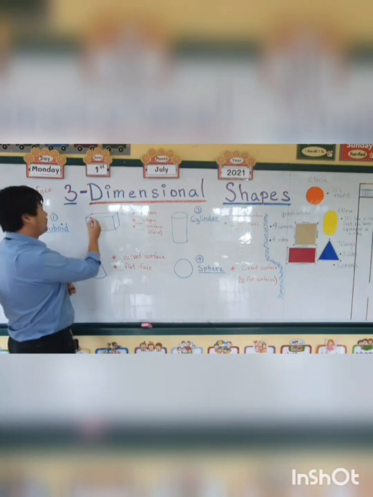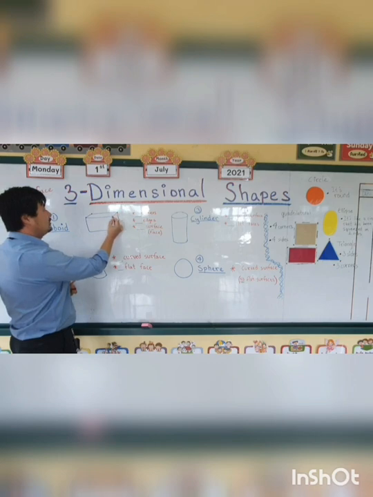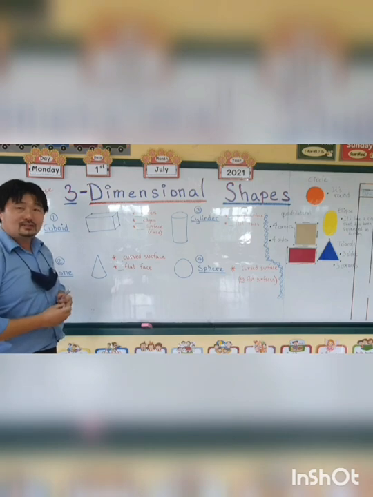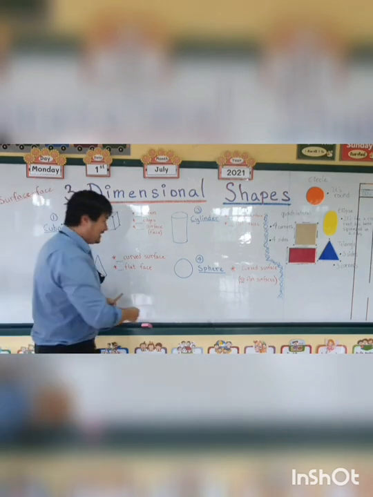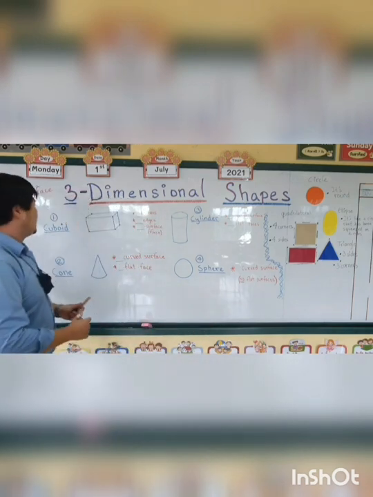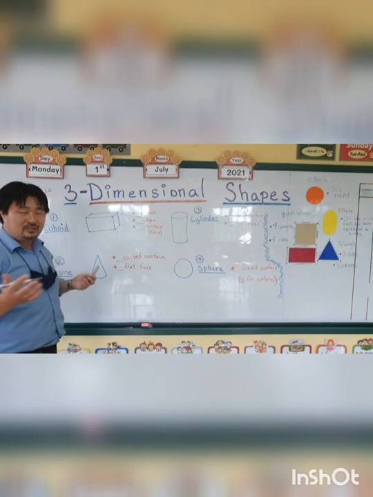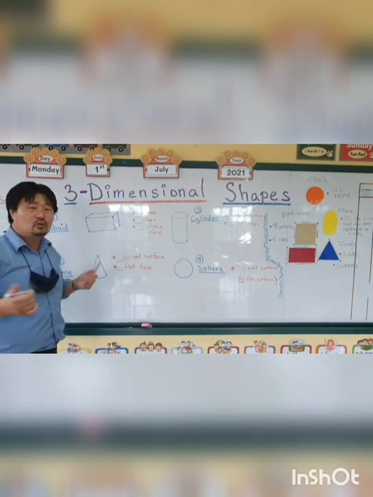1, 2, 3, 4, 5, 6, 7. It has 7 corners. Is that correct? No, you are right. It is not correct. Do you know why? Because you cannot see all the corners.